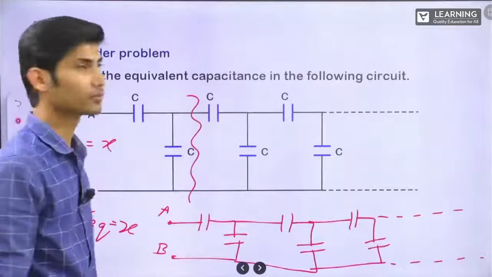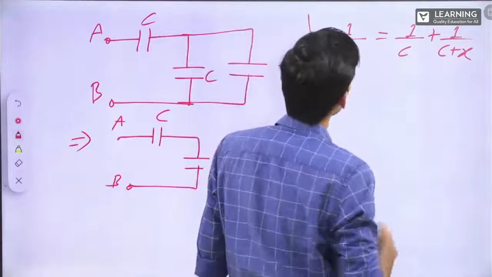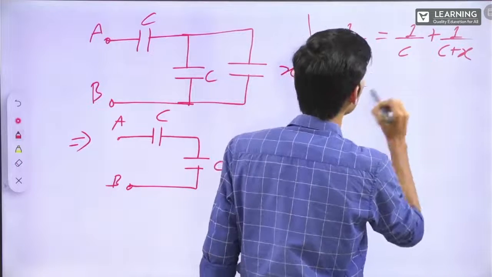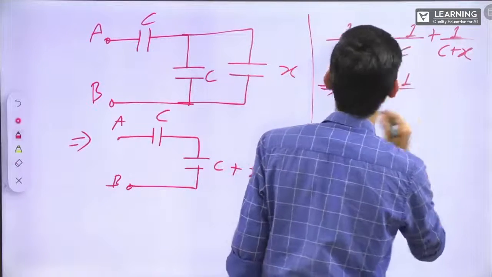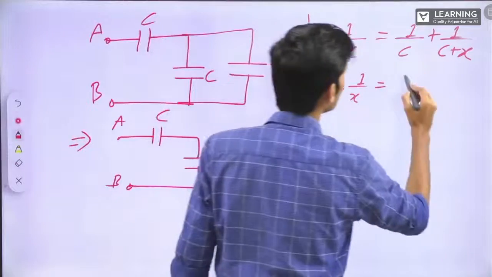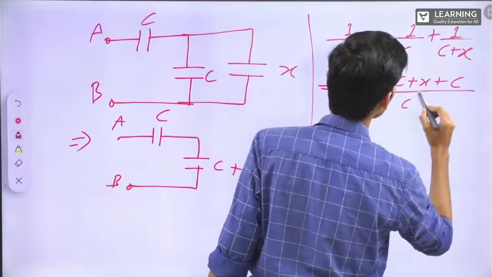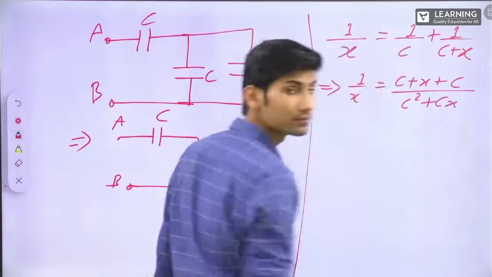Correct. So now from here, if you try to solve, 1 by X is equal to 1 by C plus 1 by C plus X, or let me just open this completely: C plus X plus C divided by C square plus Cx.